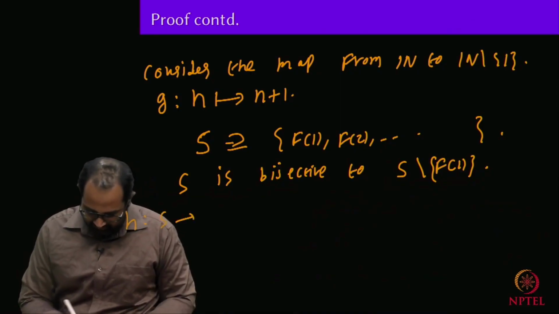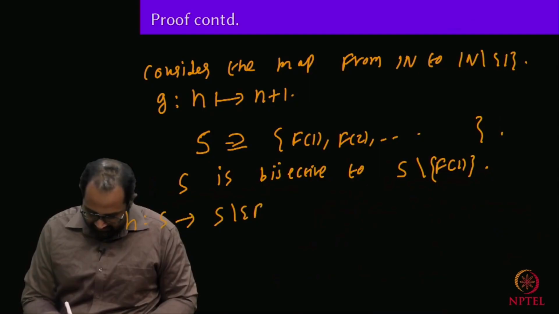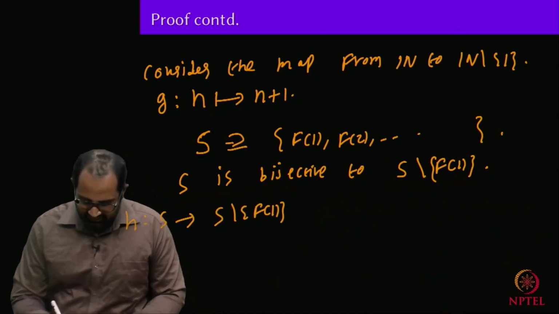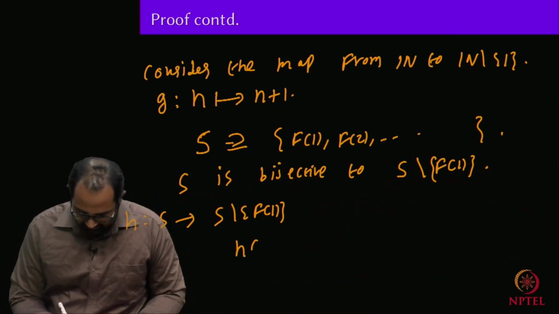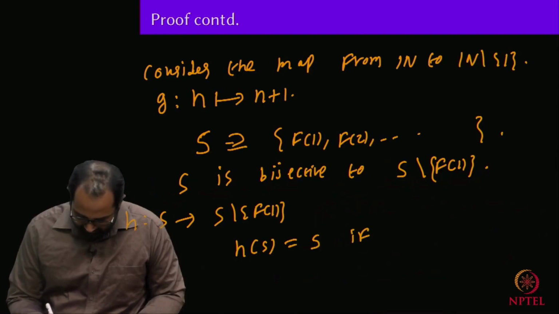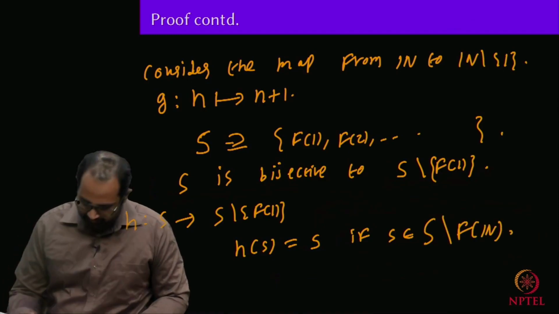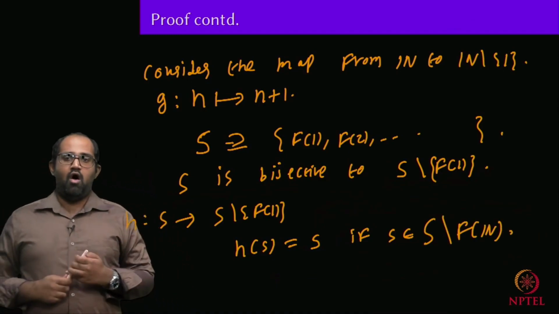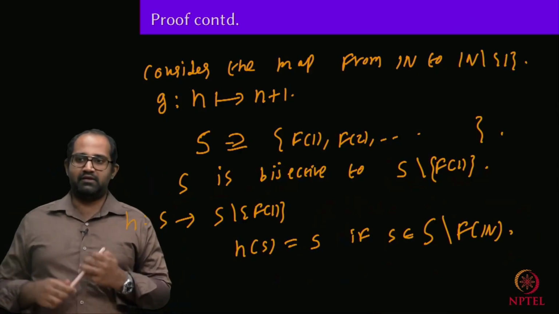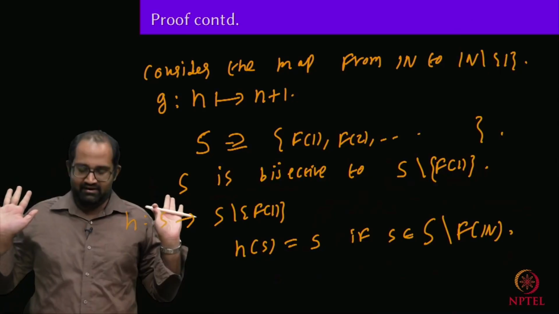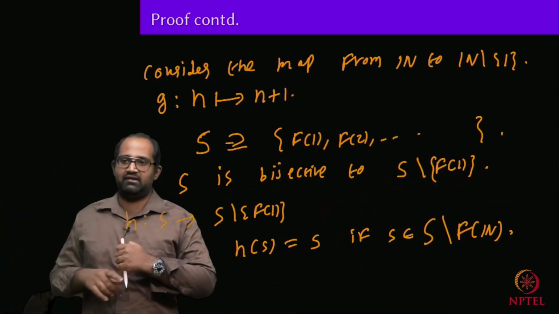H is from S to S minus the set with f of 1, where H of s is just s if s is in S minus the image of f. On the set which is not hit by the function f, I don't touch it. I leave it as it is.